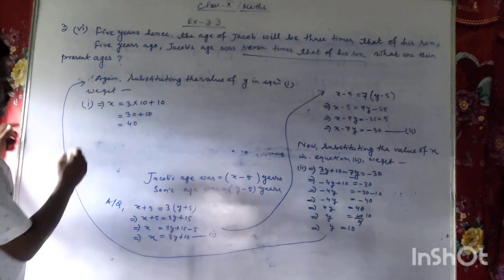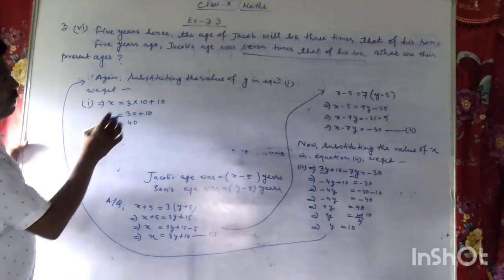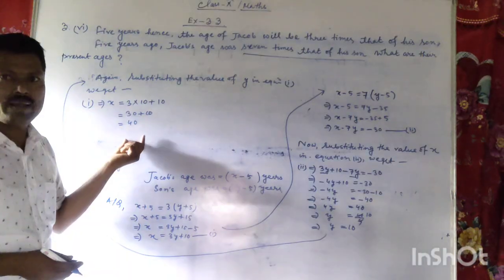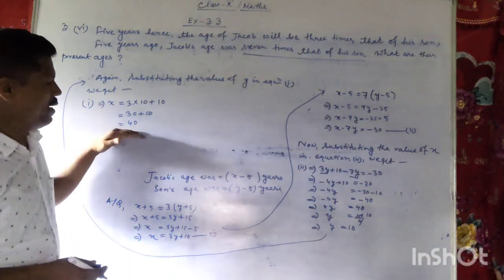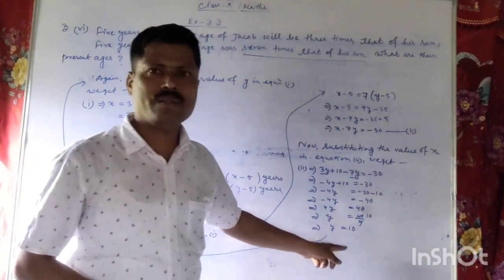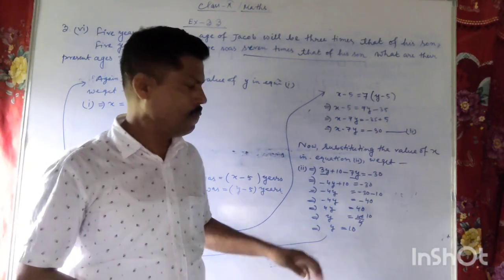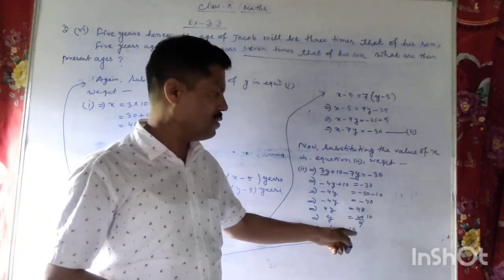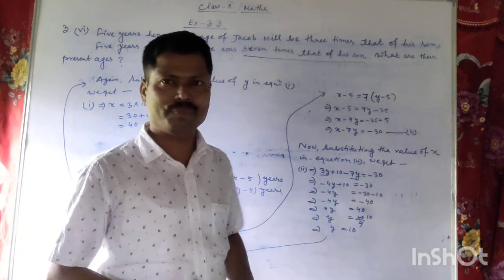So hence we can find out the present age of Jacob. X value is 40. So the present age of Jacob is 40 years, and y value is 10. That means Jacob's son's present age is 10.